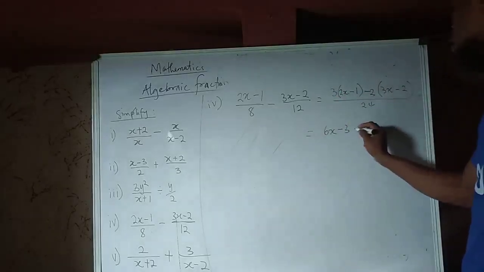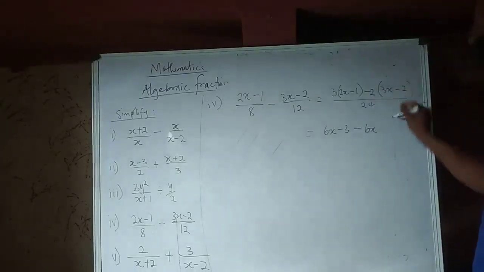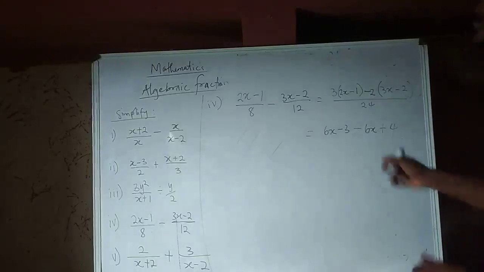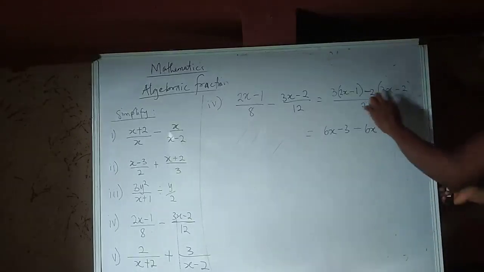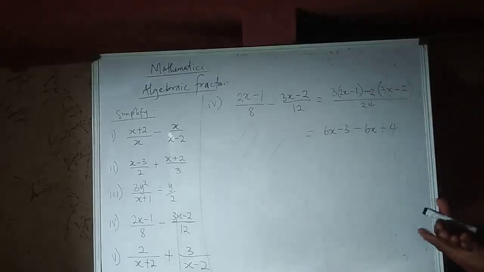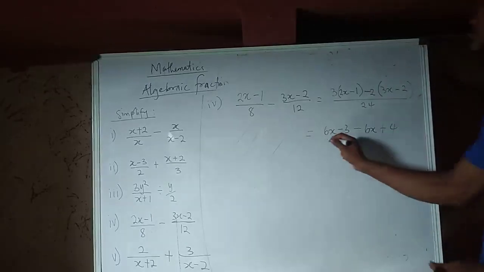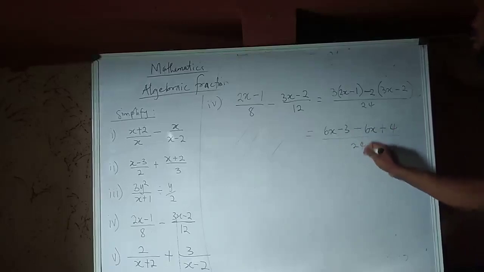Minus 2 times 3x gives me minus 6x. Minus 2 times minus 2 gives me plus 4. It's important that you note at this point that minus times minus is plus. It becomes positive when you multiply two negatives. Then 2 times 2 of course is 4. All of this divided by 24.